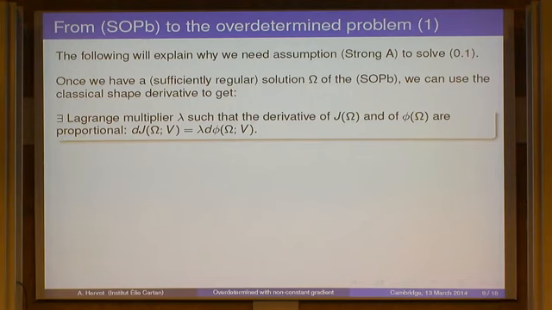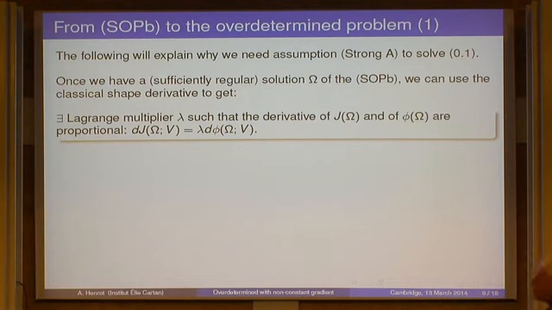Since I am solving a minimization problem with a constraint, of course, the optimality condition reads: you have a Lagrange multiplier between the derivative of the criterion and the derivative of the constraint. So it's what I wrote there.